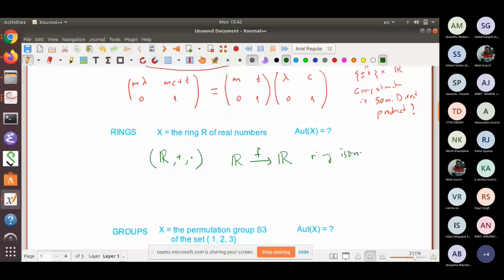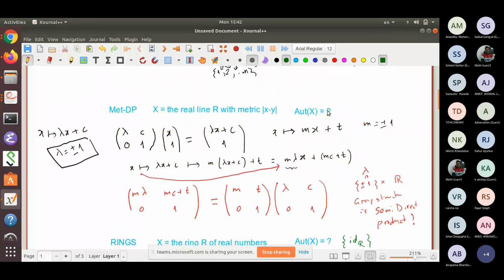The only possible one is identity of R, and you were asked to prove it as an exercise. Have you done this exercise? And so this is the trivial group. So this we know is the matrix group.